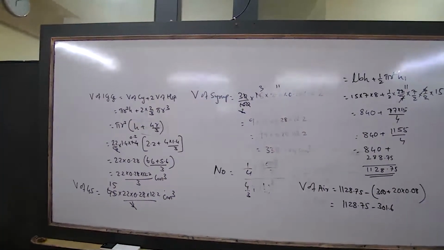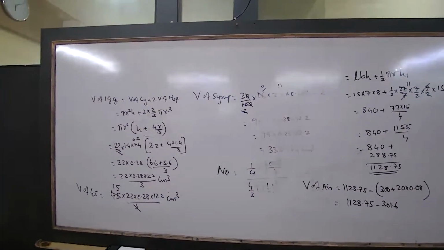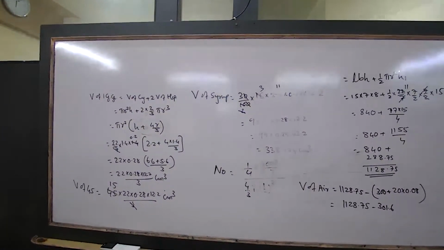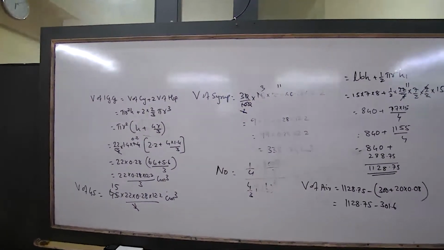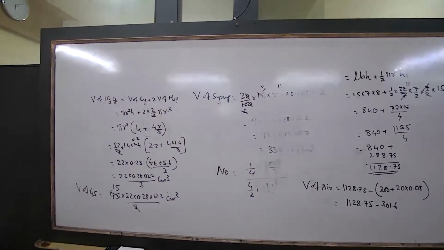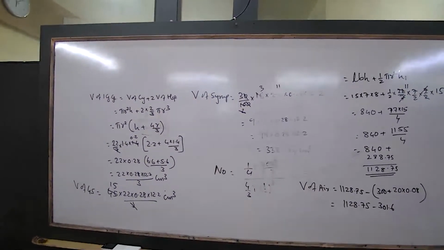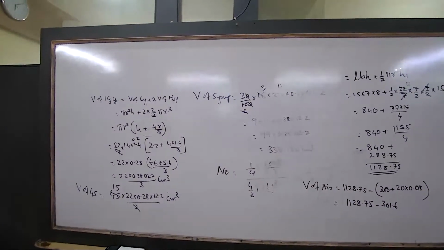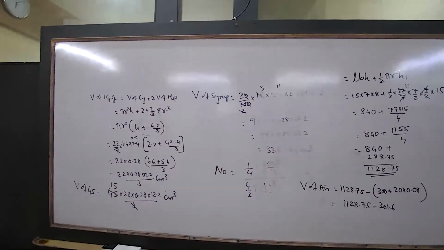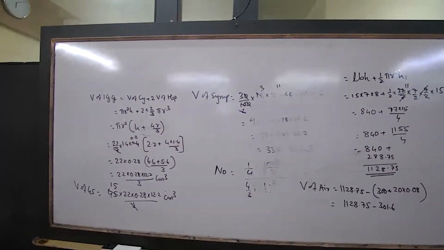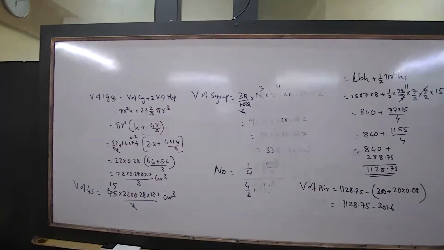For the tank, the radius is given as 3.5 meter and height is equal to 8 meter. It is connected by a pipe of internal diameter 10 centimeter, and the speed is given. Water flows at the rate of 5 kilometer per hour. Find the time taken.